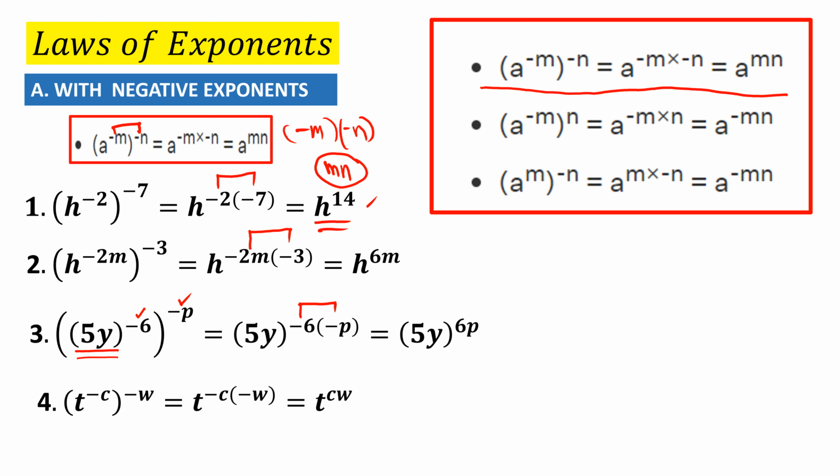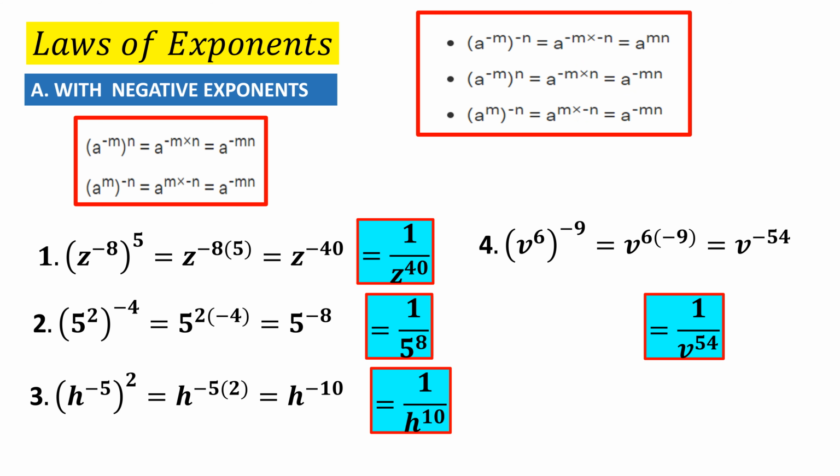So number 4, t is being raised to negative c, to the power of a negative w. Therefore, the final expression will be t to the power of cw. So in these expressions, we have to come up with positive exponents as our final answer.